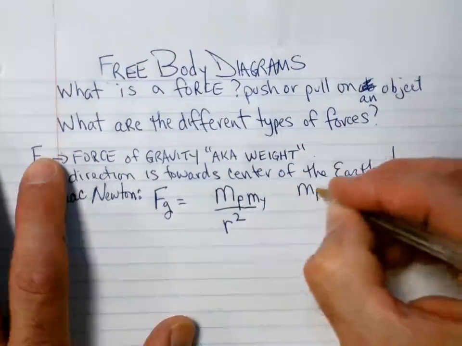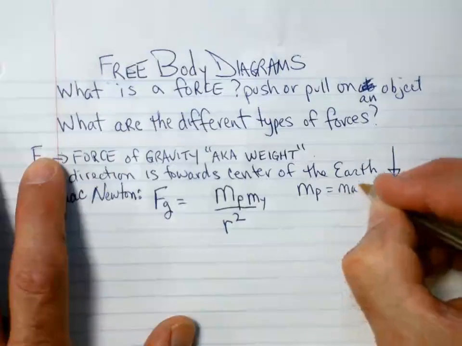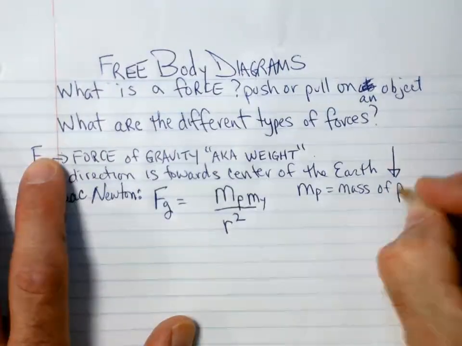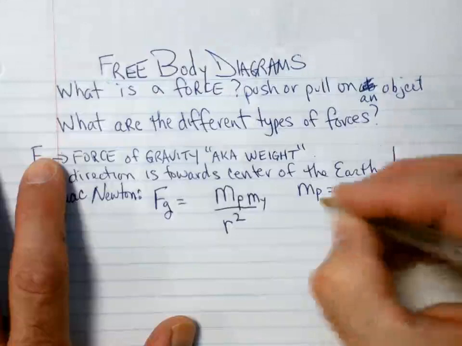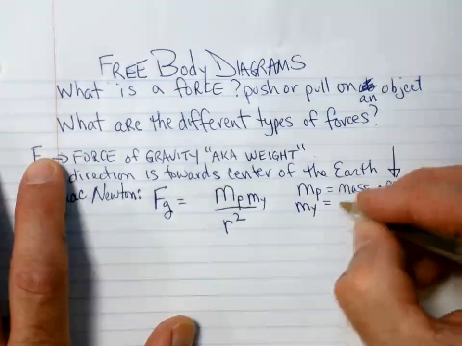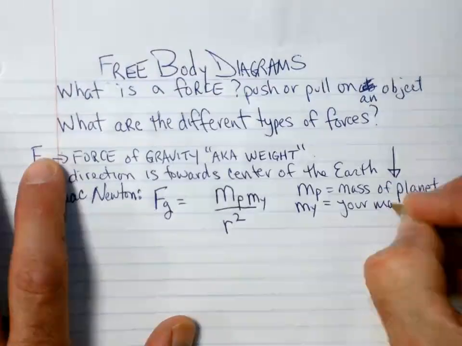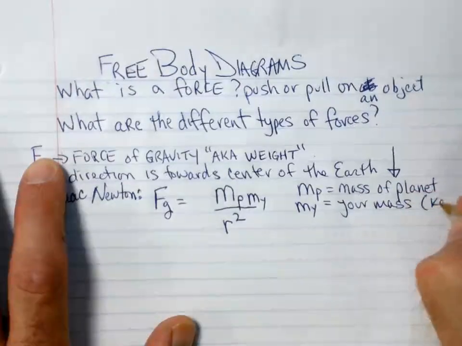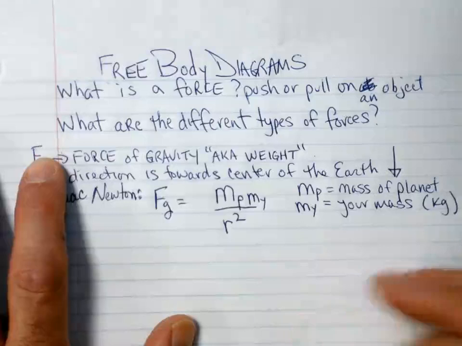So big M, little p is the mass of your planet. And little m is your mass. That's your kilograms, not your pounds.